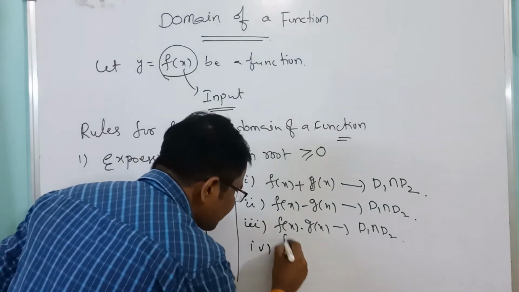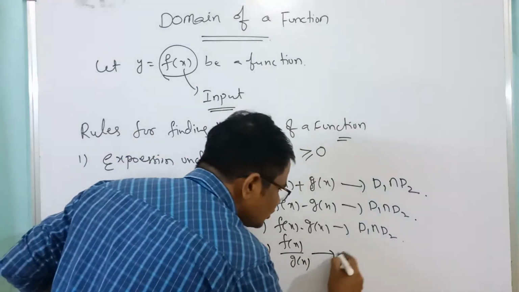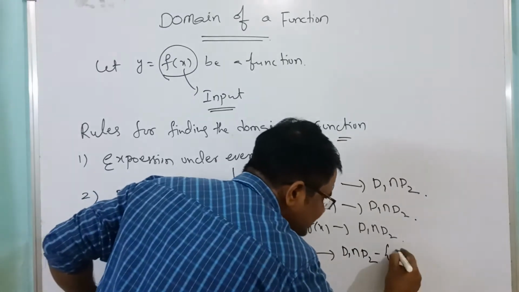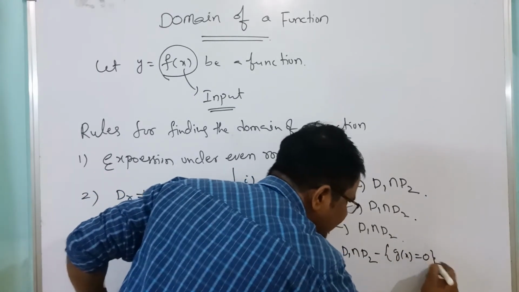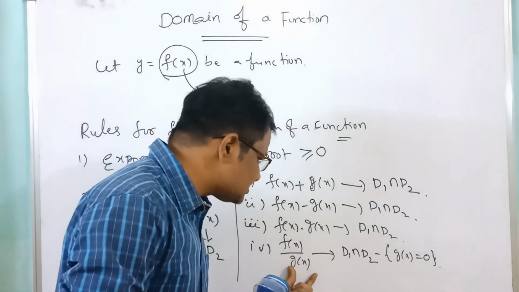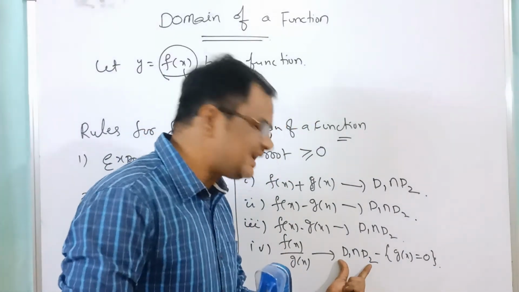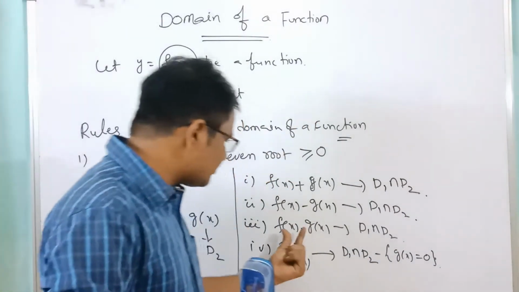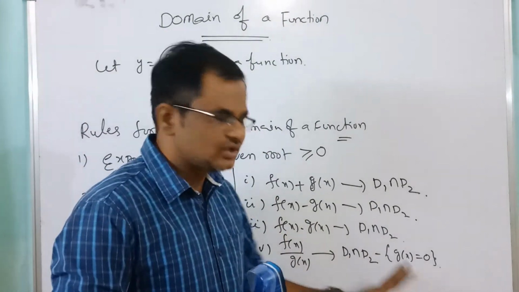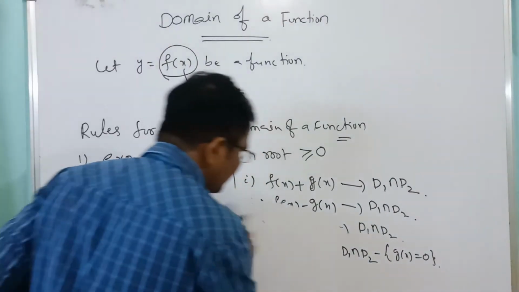But if f of x by g of x, a quotient, is there, the domain is D1 intersection D2 except the values of x where g of x is 0, because g of x is in the denominator and cannot equal 0. So that's why, right? Next, the fourth one.